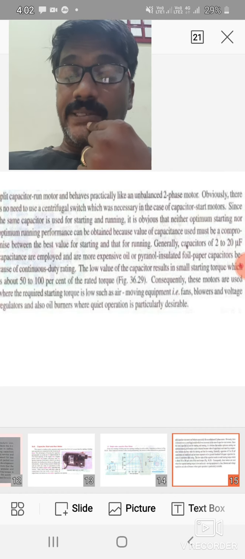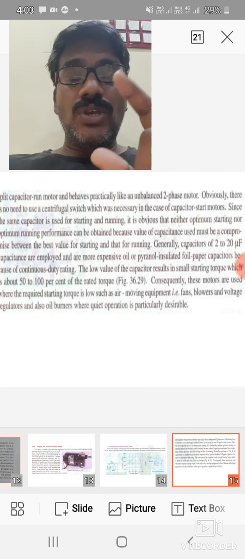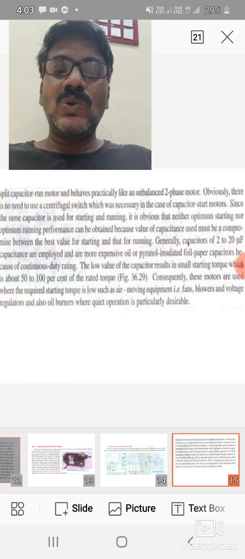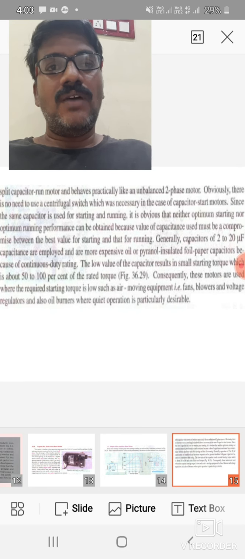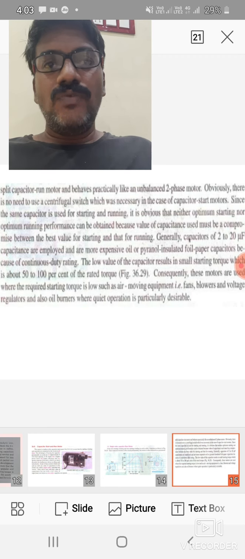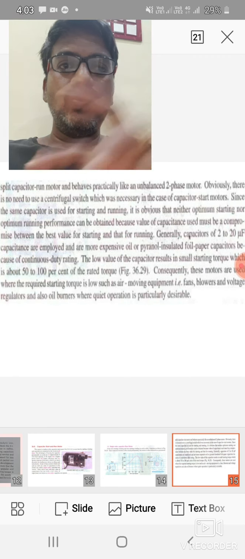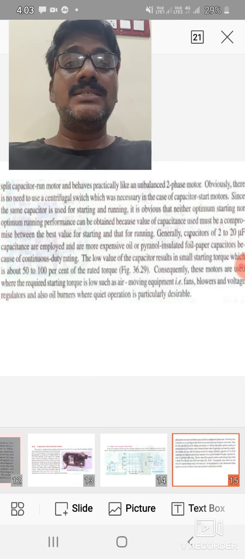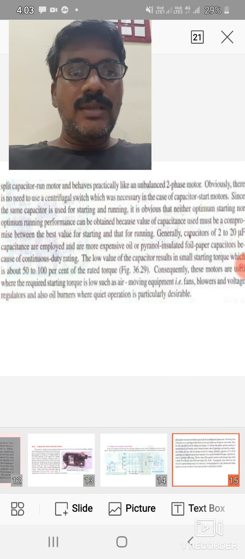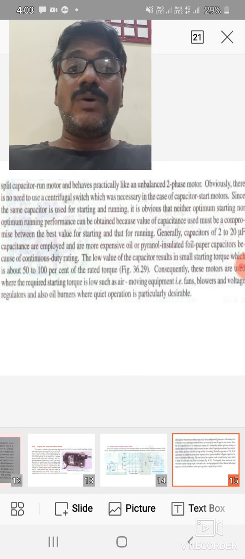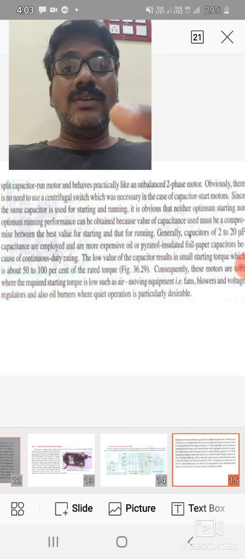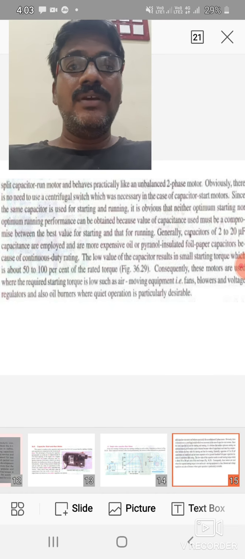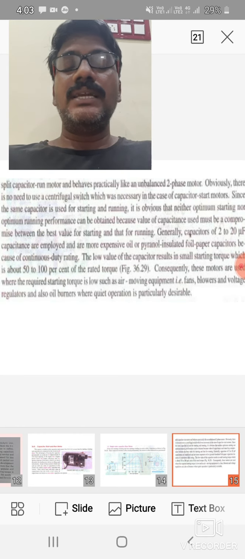Suppose it is a balanced two-phase motor: if you give a balanced voltage to the two windings, say a sine wave, and after 90 degrees you get another wave, so there is exactly 90 degrees phase shift between the two supplies given to the windings, then it is called a balanced two-phase motor. But this is called an unbalanced two-phase motor. Why? Because for the first winding we are giving a sinusoidal wave. For the second winding there is a phase shift, but the phase shift is very small. It is not exactly 90 degrees.